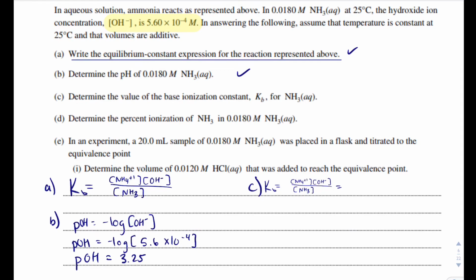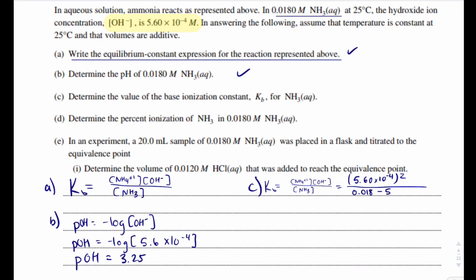So what I'm going to do is say, well, 5.60 times 10 to the minus 4. I'm going to square that because there's two of them, divided by the initial concentration, which was 0.018.